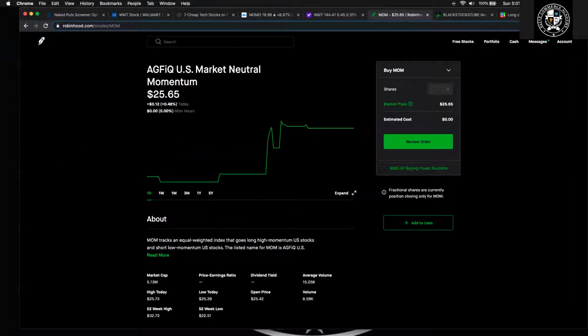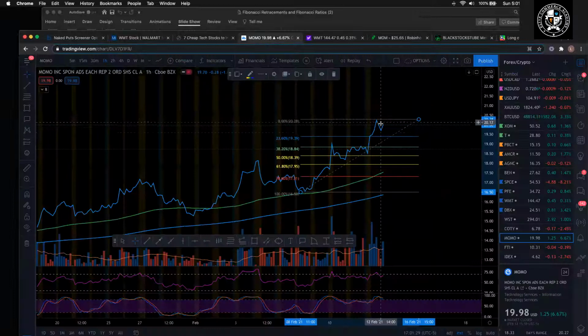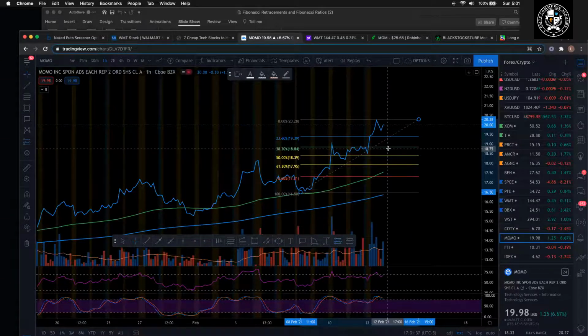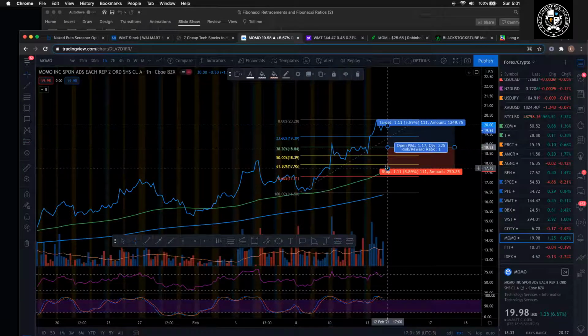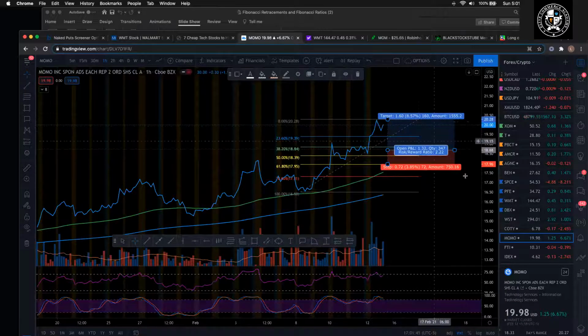Pull up my Robinhood, go to Momo, and see where we was at. Now, let's say price came all the way down to the 50% level. That's around 18.41, all right? Using TradingView, I might put my entry here, put my stop loss here, okay? Put my target here.